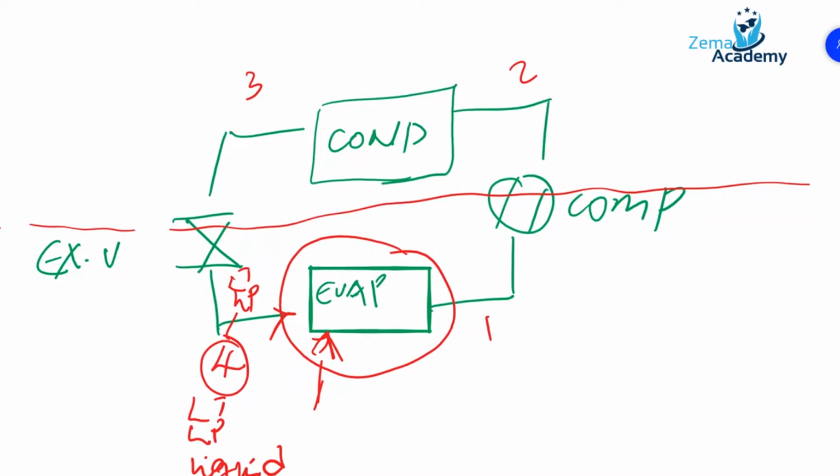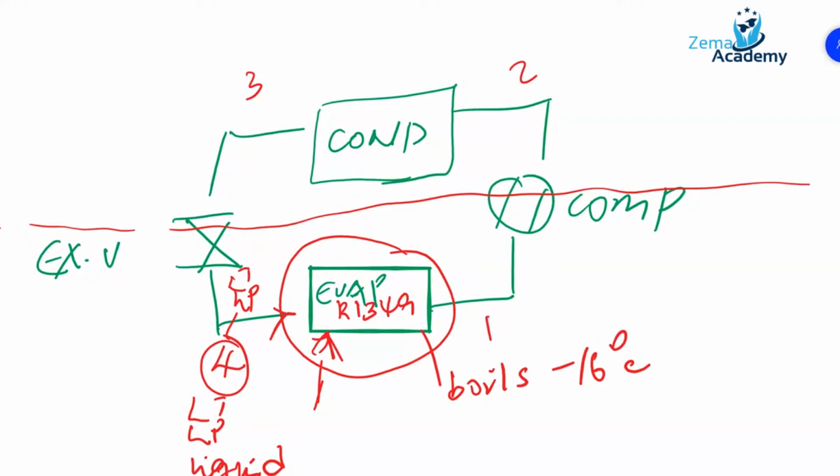For instance, if we take R134A as an example of a refrigerant, it boils at minus 16 degrees C. So as you can see, it boils at a very, very low temperature.